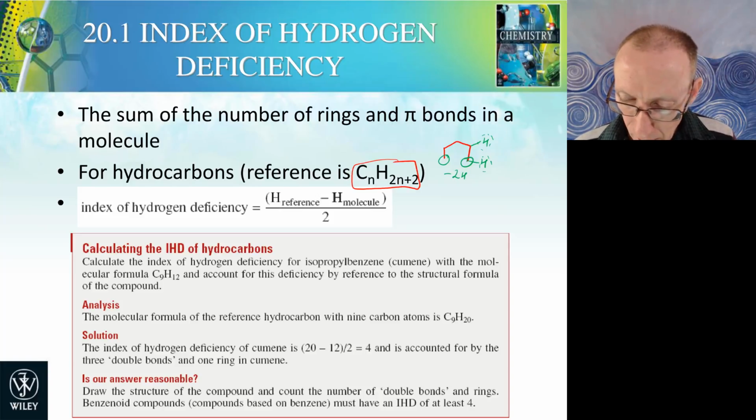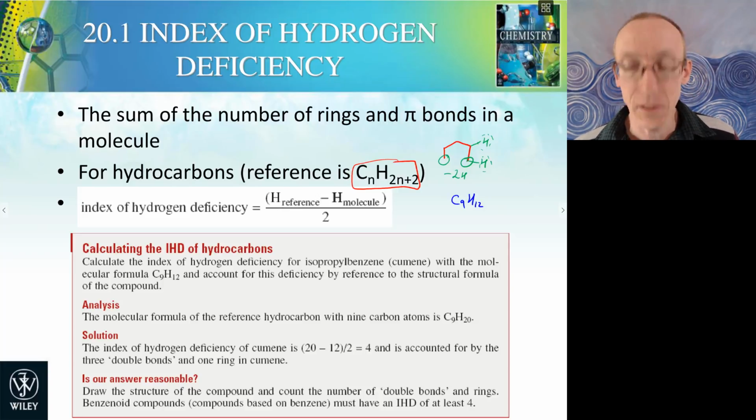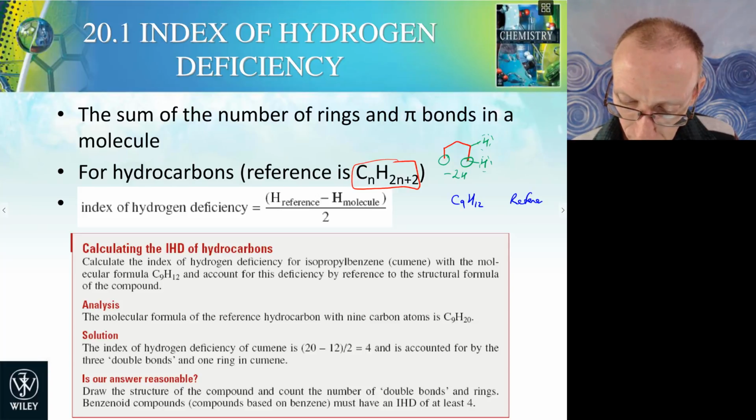So here's an example of doing that with cumene, which has molecular formula C9H12. For an acyclic hydrocarbon, we would expect a reference formula of C9, H2n+2, which would be 20, so C9H20.